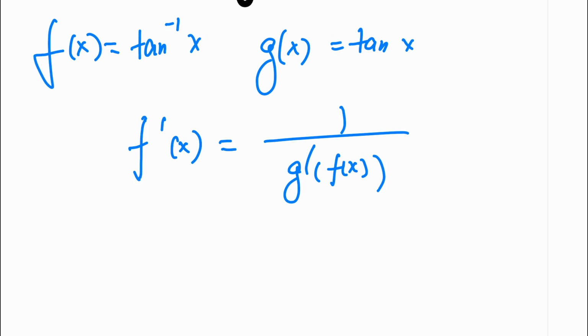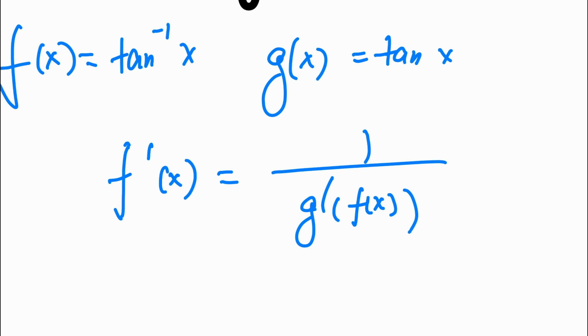And recall that if we want to differentiate tangent of x, we can just simply recall the derivative of tangent of x. So let's write the g prime of x, which is the derivative of tangent of x, and that is actually just equal to the secant squared of x.